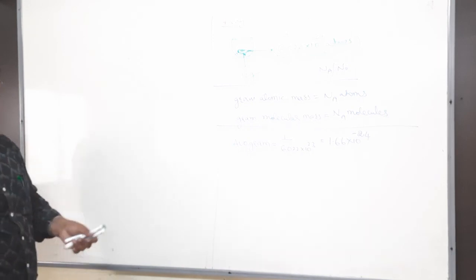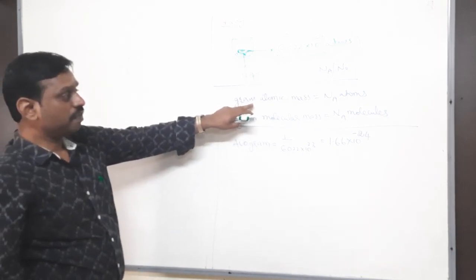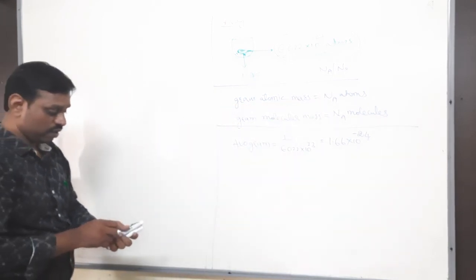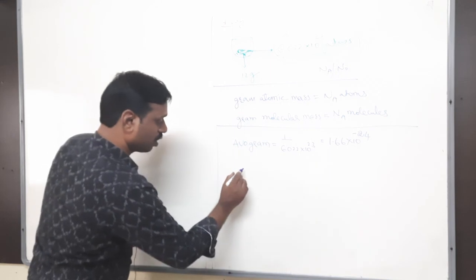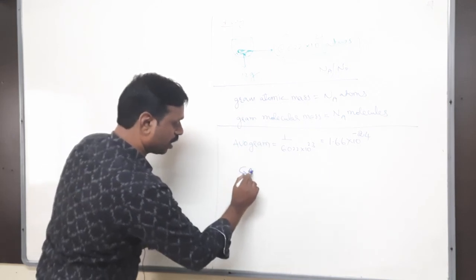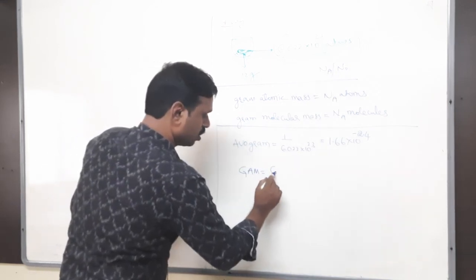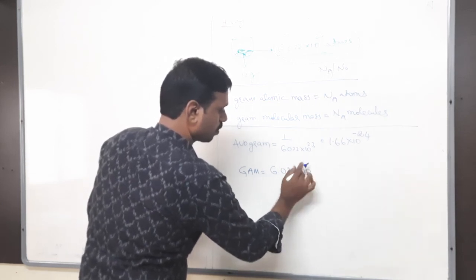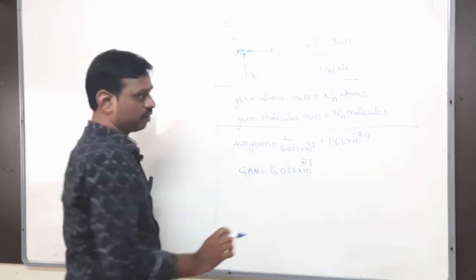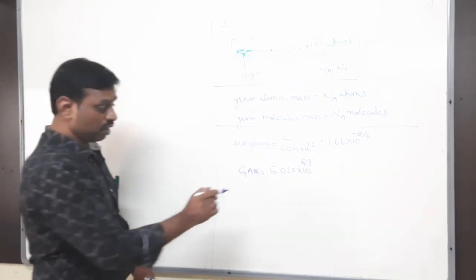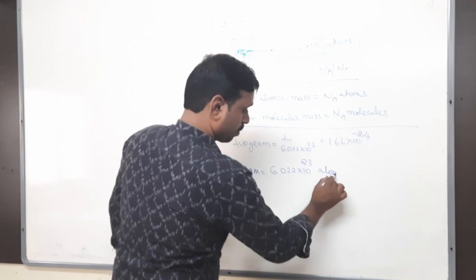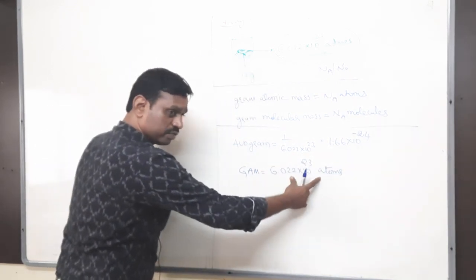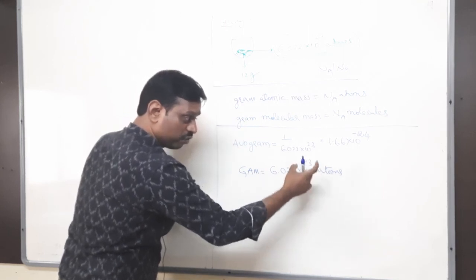How? It's very simple. Gram atomic mass is equal to Avogadro number of atoms. I'll write in short form: gram atomic mass is equal to 6.022 into 10 power 23 atoms. Now, these many atoms weigh this much.